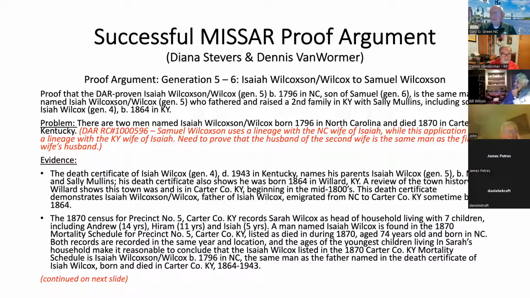So the death certificate indicates that he'd come from North Carolina to Kentucky. So we went through a series of census records for 1870, 1860, and 1850. Fortunately, when they started putting in family members, we could trace Isaiah and Sally or Sarah Mullins back to their original getting together in Virginia, and she had children from a previous relationship.